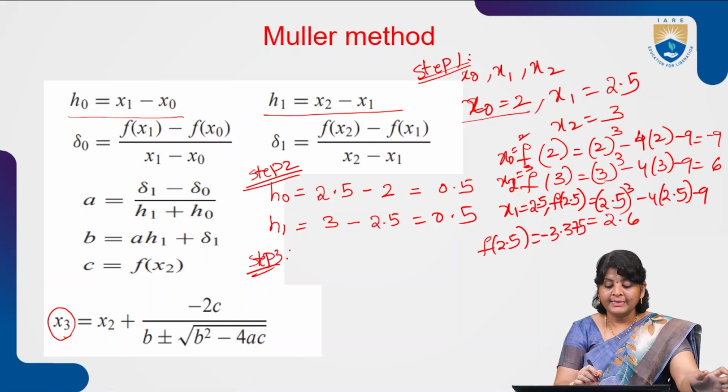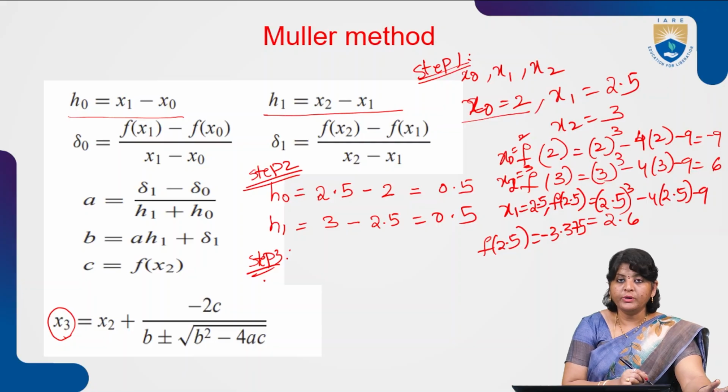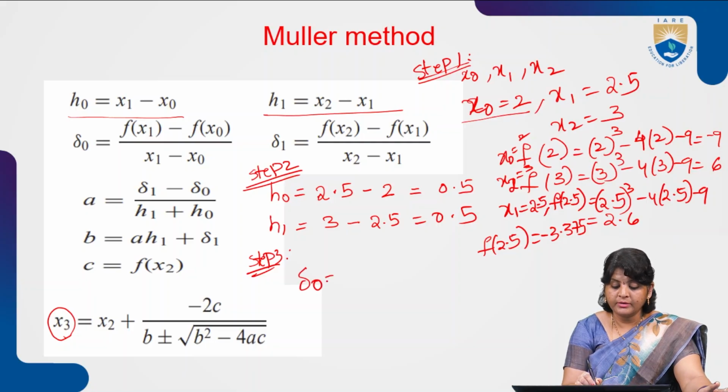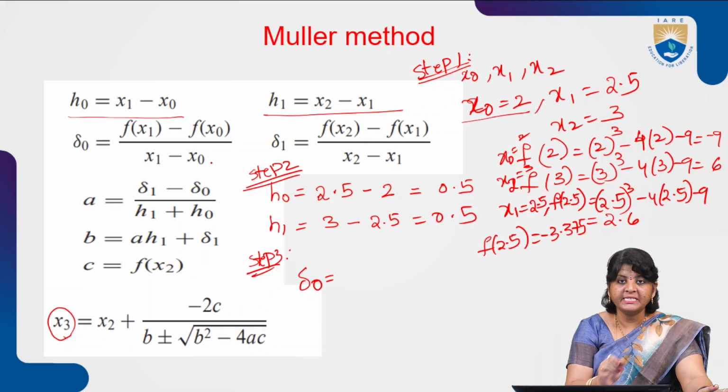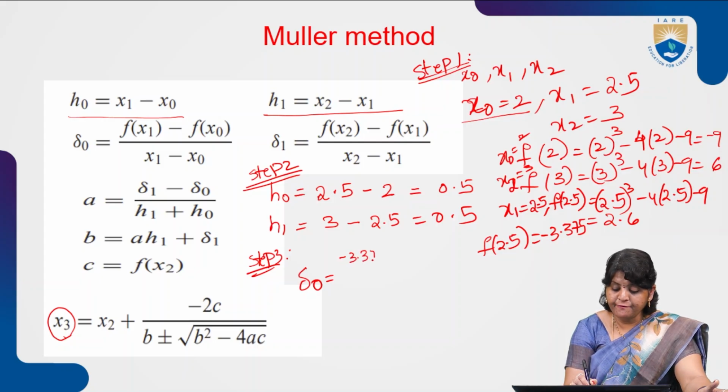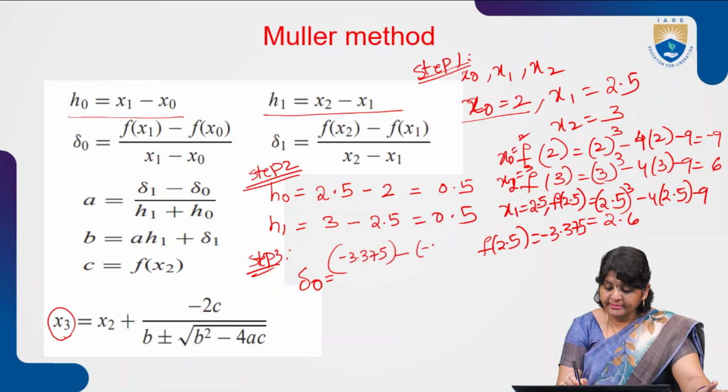So now in step 3, we need to find delta naught. What is delta naught? f of x1 minus f of x0 divided by x1 minus x0. Here f of x1 is minus 3.375 minus f of x0, minus 9, divided by x1 minus x0, which is 0.5. And delta 1.